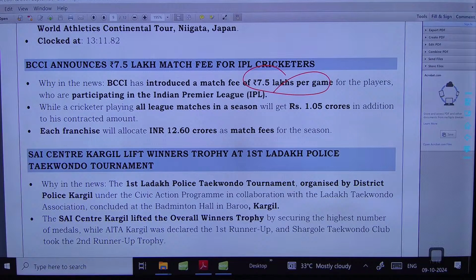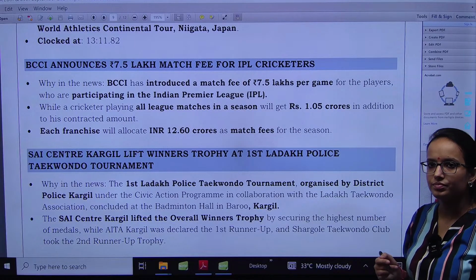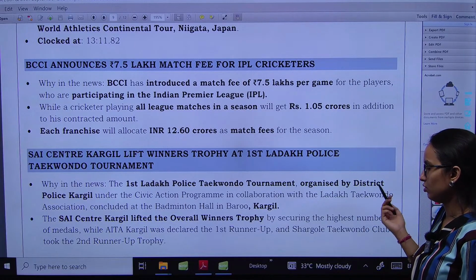And each franchisee will allocate 12.6 crores as match fees for the season. All of these franchisees will be allocating this much amount for the season. So remember, there will be these fees now for all the players, and cricketers playing all league matches in the season will get this much in addition to the contracted amount.